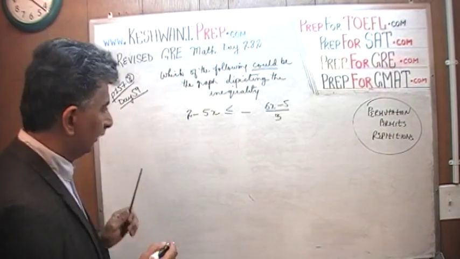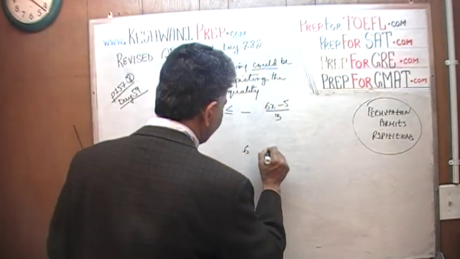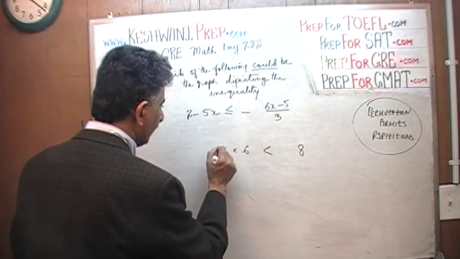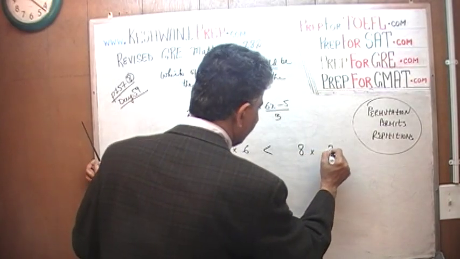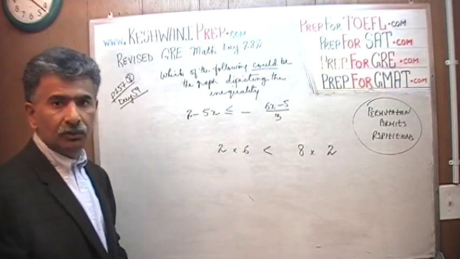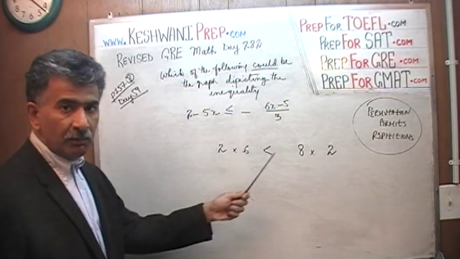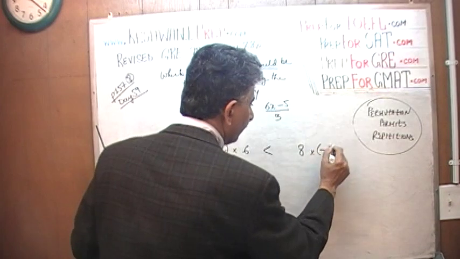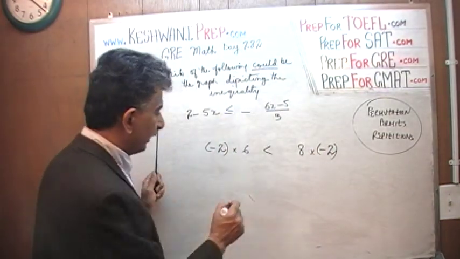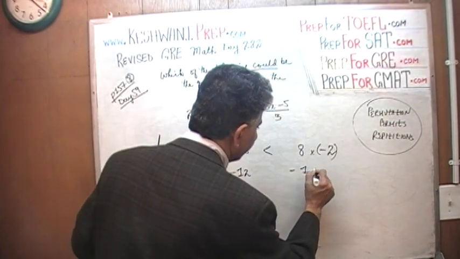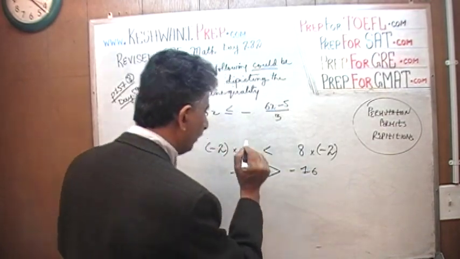For example, we know that 6 is less than 8. If you were to multiply both sides of the inequality by 2, this is still true. 6 times 2 is less than 8 times 2. But instead of 2, had we multiplied both sides of the inequality by negative 2, then 6 times negative 2 is negative 12, and 8 times negative 2 is negative 16, and negative 12 is more than negative 16.